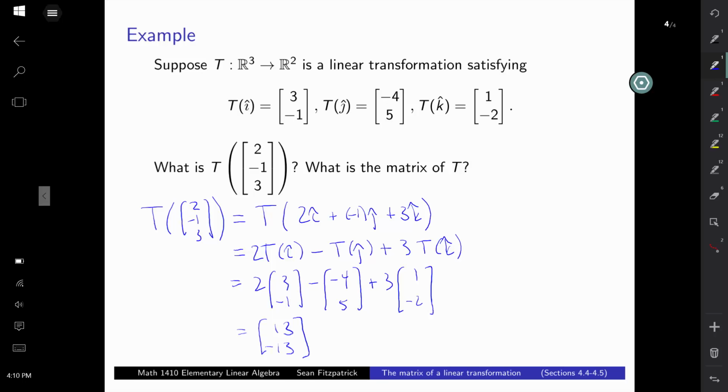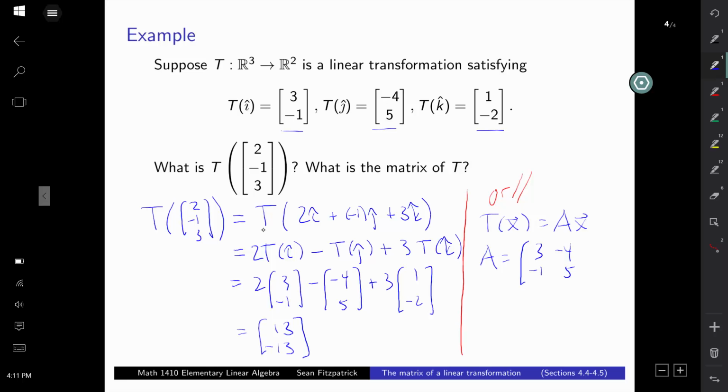The other way to do it is to construct my matrix. T of x is equal to A times x, where A is these three vectors, which form the columns of my matrix: 3, minus 1, minus 4, 5, 1, minus 2.